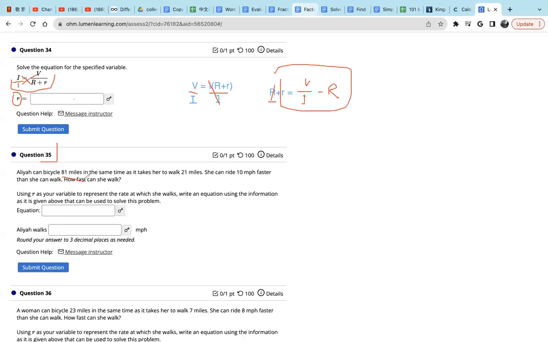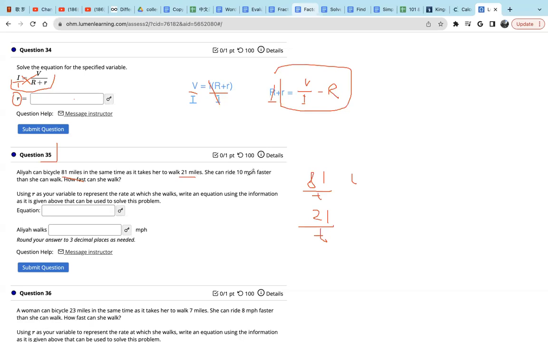Aliyah can bike 81 miles in the same time as it takes her to walk 21 miles. Okay. So bike 81 miles and walking 21 miles takes the same time. But the speed is different. Right? Takes the same time.